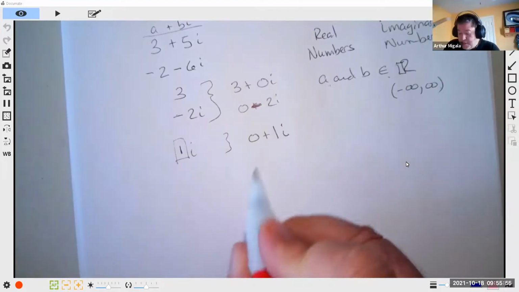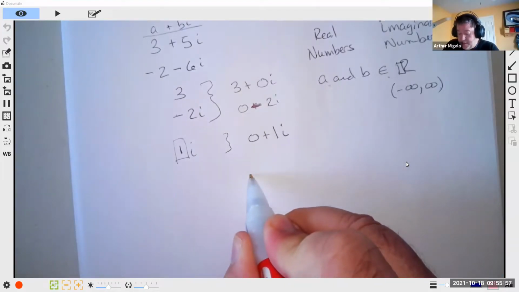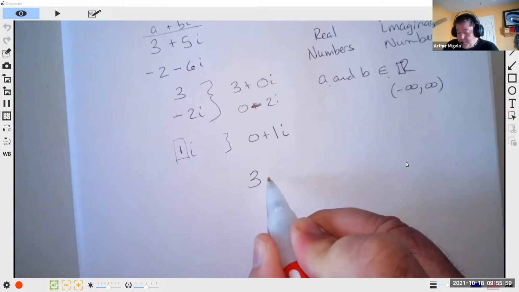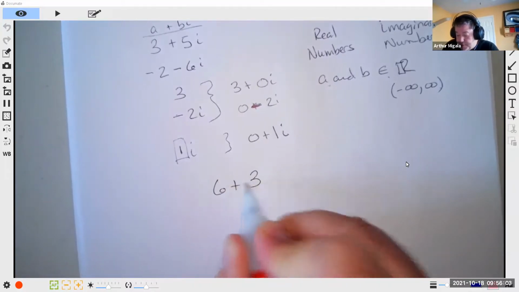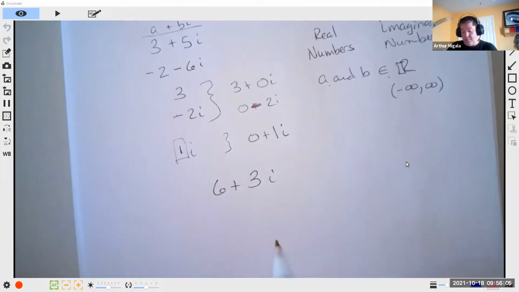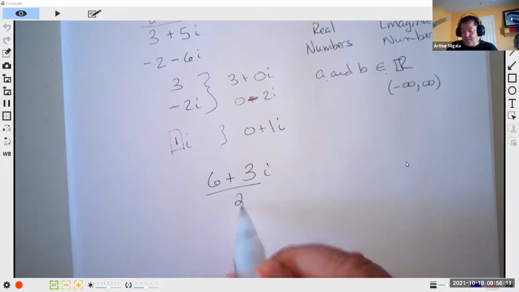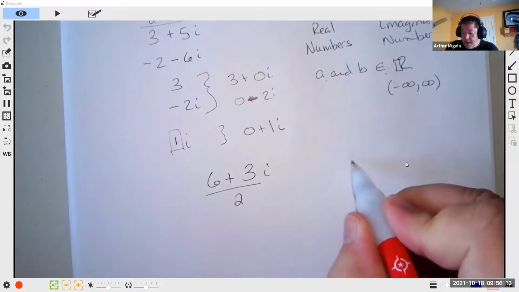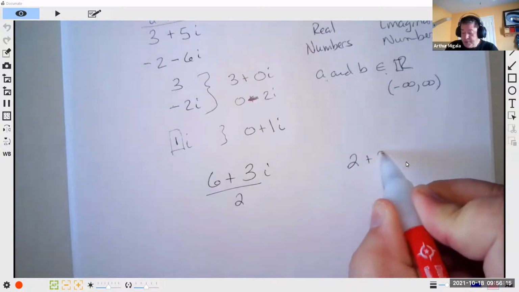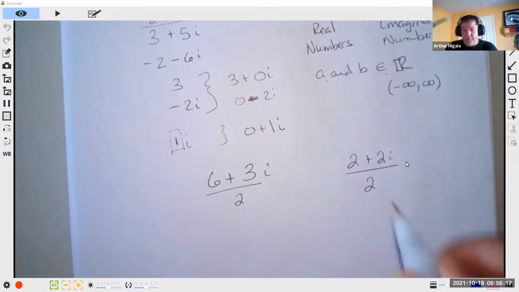We have to know this. For example, let's say we had 6 plus 3i divided by 2, as opposed to 2 plus 2i over 2.